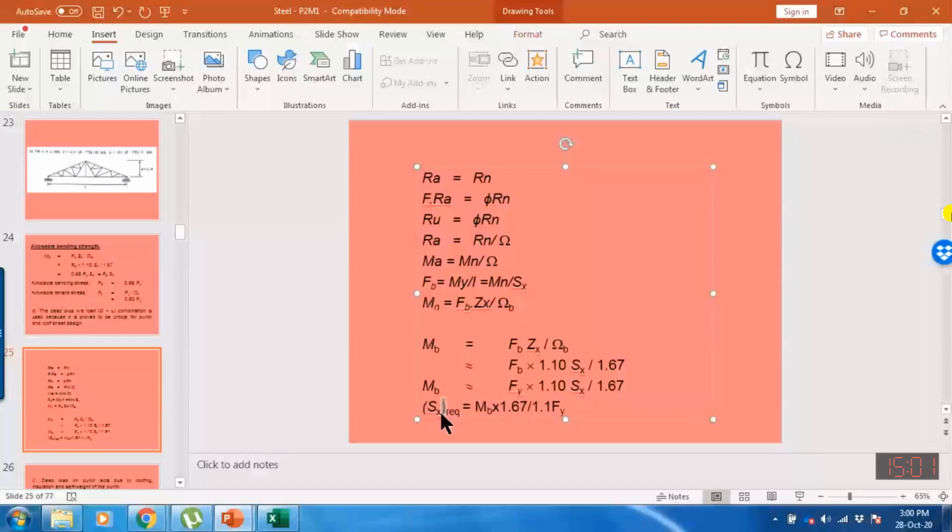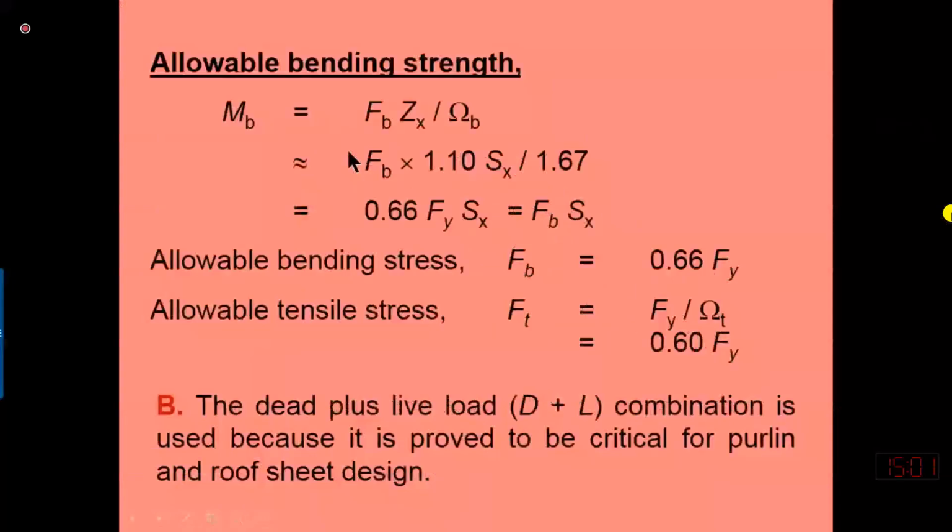Okay, now I will be able to explain here. Mb is equal to the service bending moment which is applied, Fb, Zx, omega, Fb. So you know that 1.1 divided by 1.67 will be equal to 0.66 Fy. If this is 1, then 1 divided by 1.67 is equal to 0.6. So already computed here.